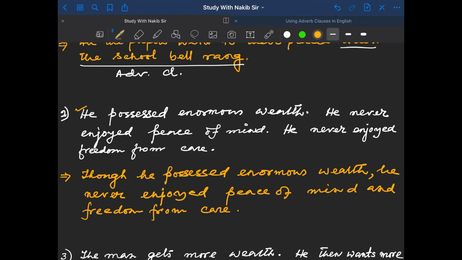So though he possessed enormous wealth, this is concession and adverb clause.